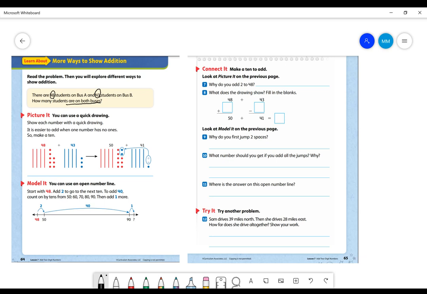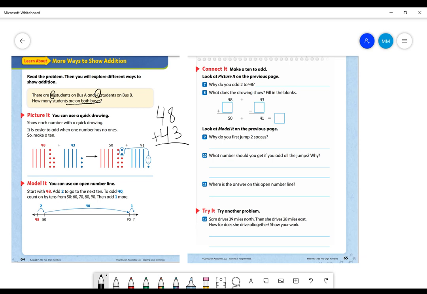So the direction said that it is easier to add when one number has no ones. So what they mean is with our ones that we do have for 48 plus 43, if I were going to stack those like so, 48 plus 43, I have 8 ones and 3 ones.